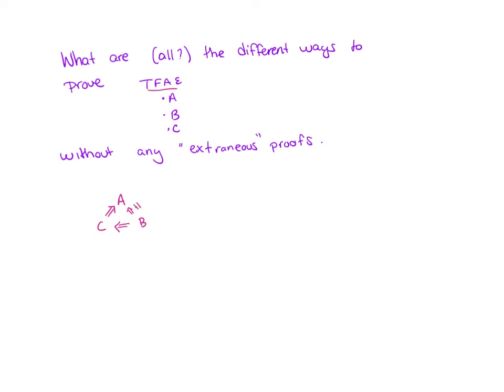If there's any of these arrows that I can delete and I still have a valid proof, then that proof was extraneous. So I notice that this arrow here, I can get rid of it, and I would still have a valid way to get from any statement to any other statement. So that one is an extraneous proof.